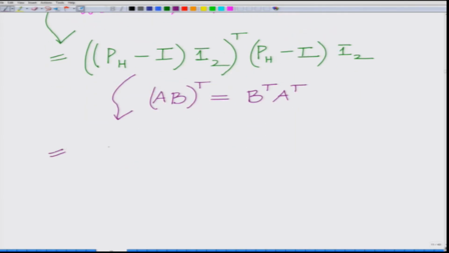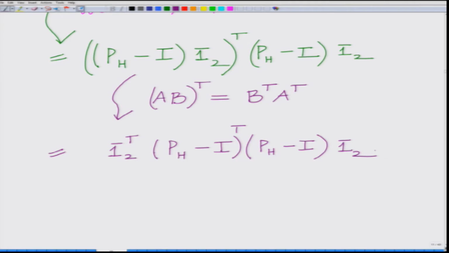This will be 1 bar 2 transpose, that is this vector 1 bar 2 transpose, times PH minus I transpose times PH minus I times 1 bar 2, and therefore we have simplified this.